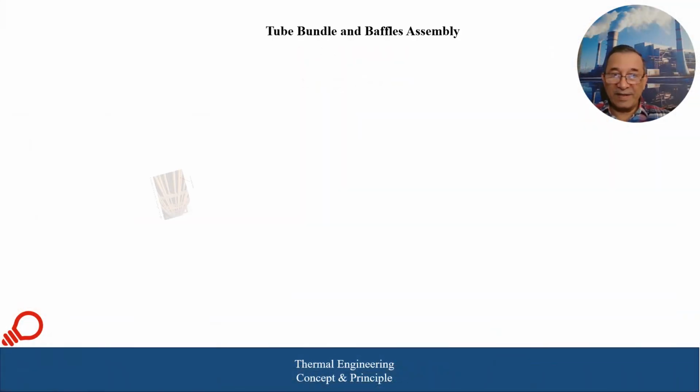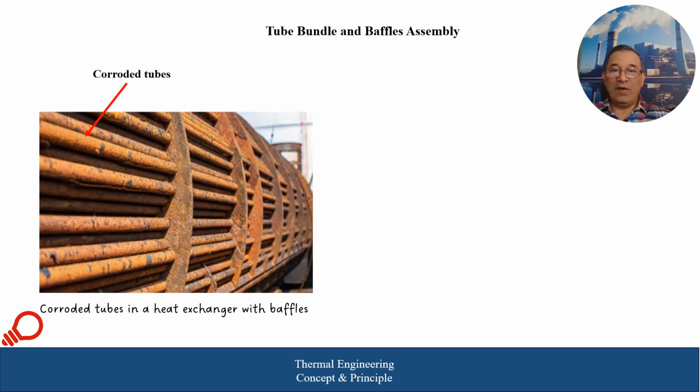As I mentioned, the bundle of tubes is inserted inside an external shell. This photo shows a sort of corroded tube bundle, and it seems that these tubes are out of use now.